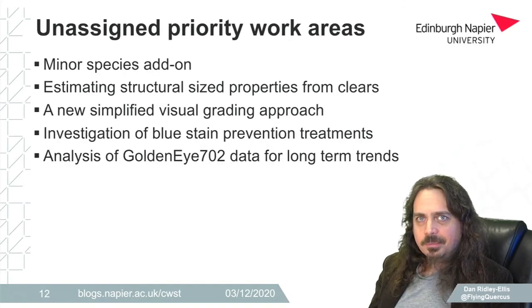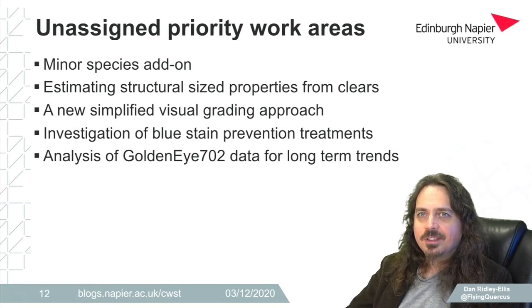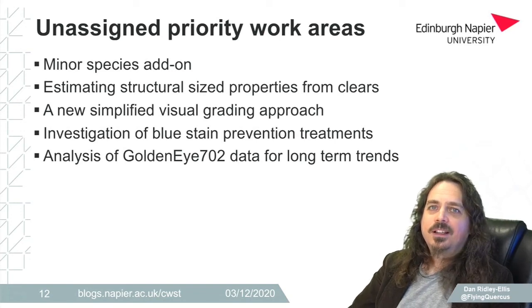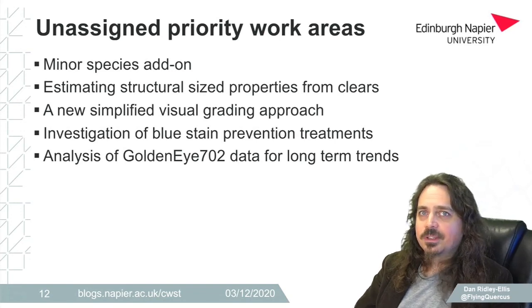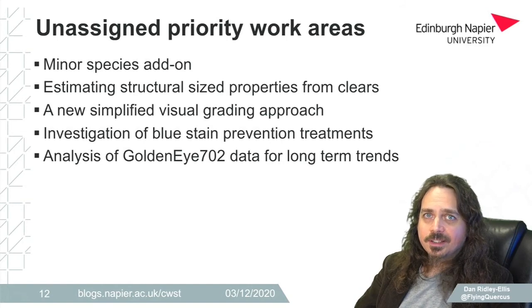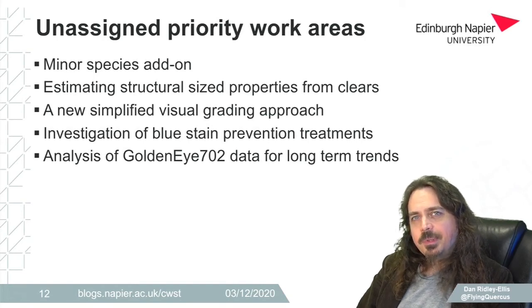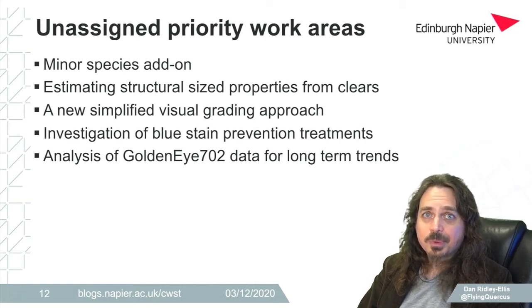And there are some work areas that have not been discussed yet and given a priority. One is around minor species add-on, so should we be doing additional species to the ones that we've already looked at? Should we be doing more testing on the particular species that look promising? There's some potentially useful work that we can do on looking at how to predict structural sized timber properties from small clear measurements.